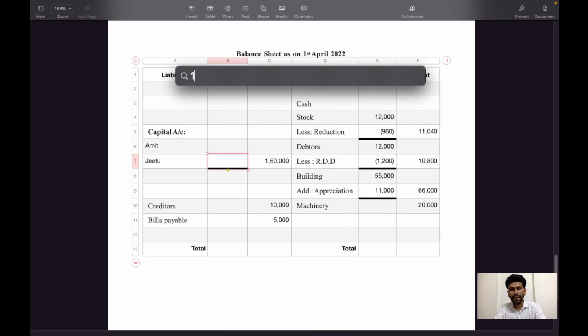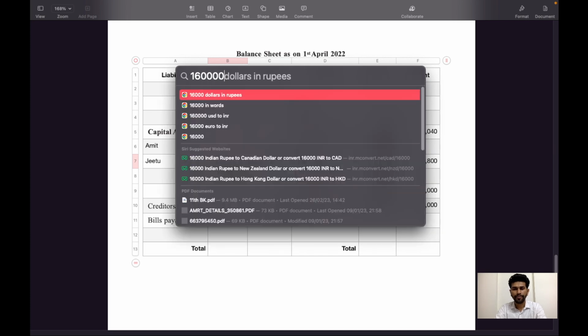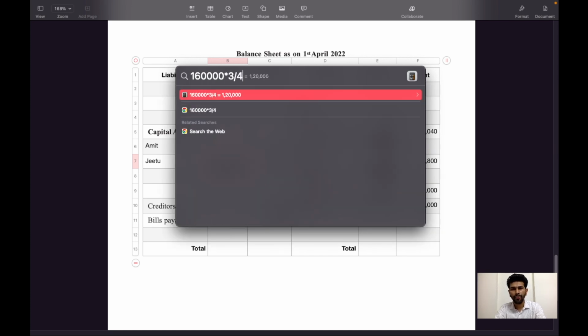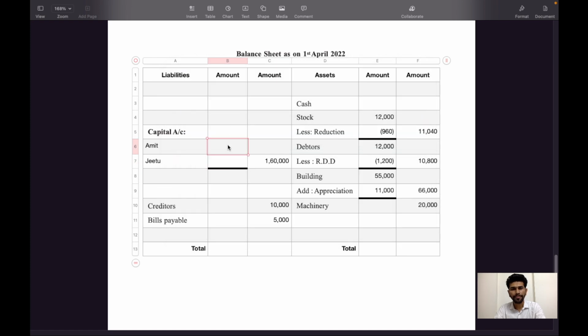So 1,60,000 into 3 by 4, 1,20,000 rupees is the amount of Amit, and balancing 40,000 rupees will be part of Jitu.